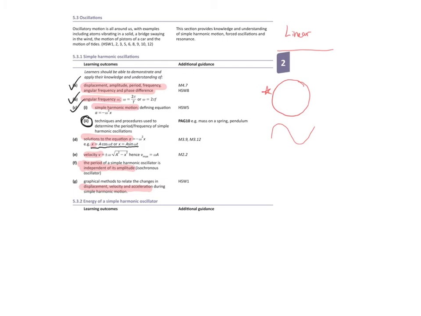We spoke about the period being independent of amplitude. This is a big star here because it's quite important. And we only looked at the displacement time graphs so far, so we will look at velocity and acceleration. So I will start first with the techniques and procedures and then move on.